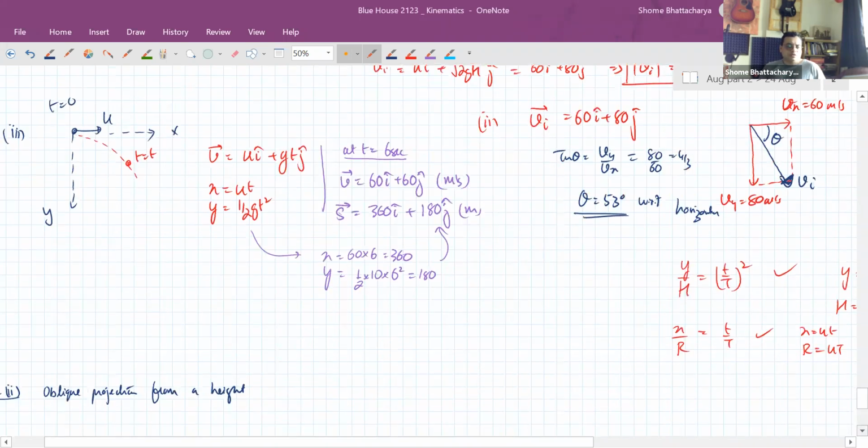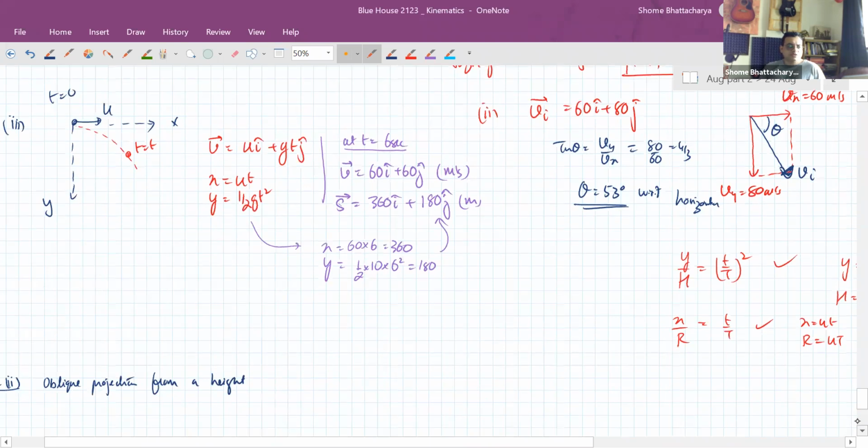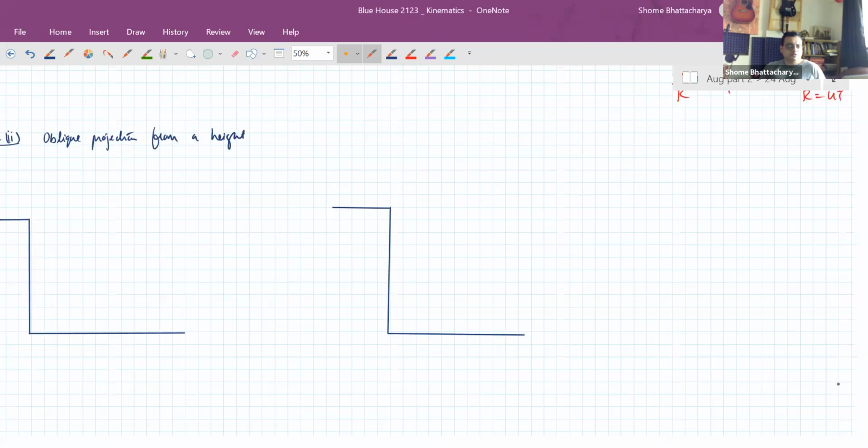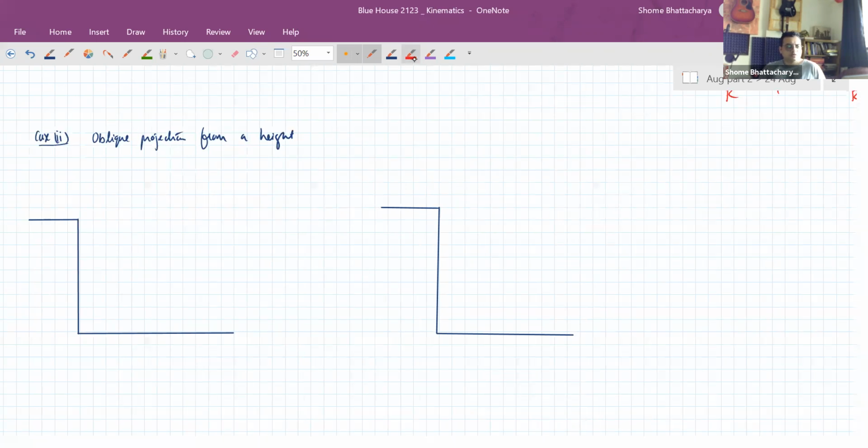Now we will understand these two cases of oblique projection directly with examples. So in this case, let's say we are projecting like this. Say we are projecting at an angle of 30 degrees with the initial speed of, let's say, 40 meters per second.